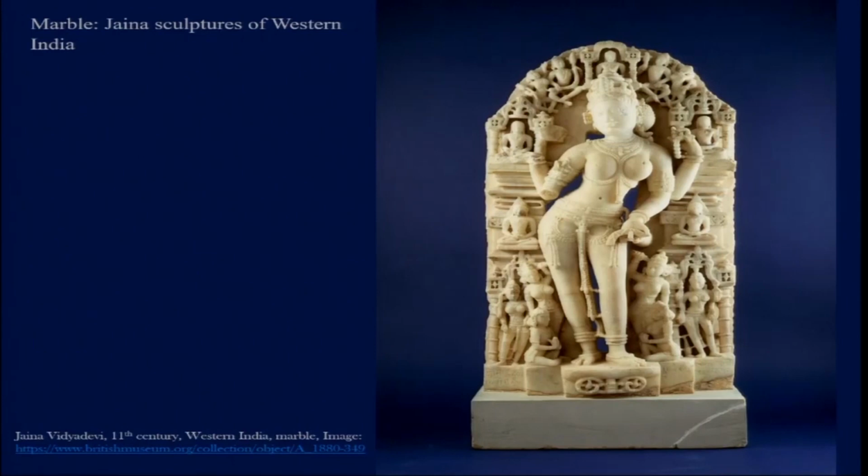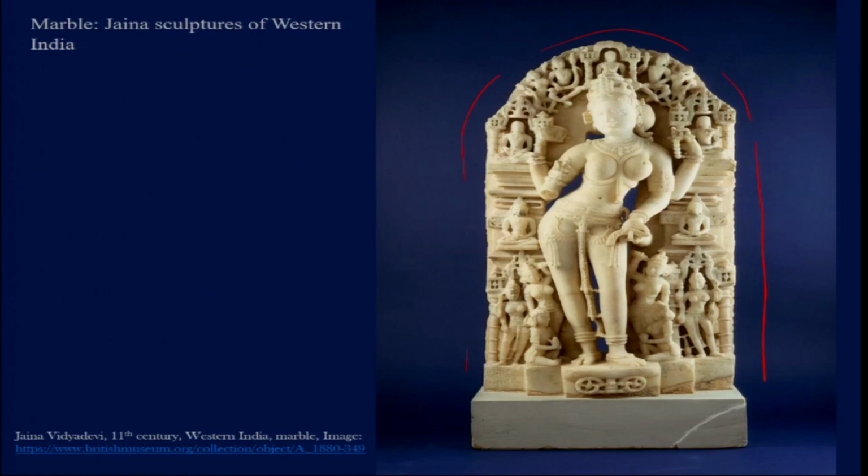What we see here is the Jaina Vidya Devi, standing in the center of this high relief. There is a frame, a gateway-like frame, which also makes a back stele for Vidya Devi.